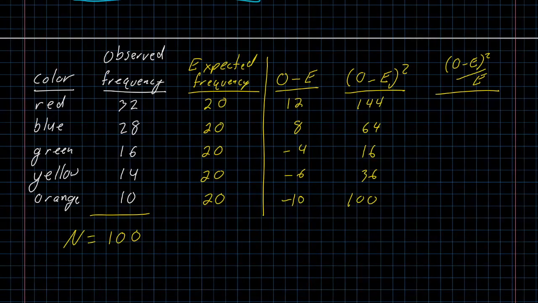This is where the example that I'm using of equal likelihood makes the arithmetic easier, because in each of these categories, I'm dividing by the same number, 20. But it's just take whatever number here, divide by whatever number is in that column. 144 divided by 20 is 7.2. 64 divided by 20 is 3.2, 0.8, 1.8, and 5.0.